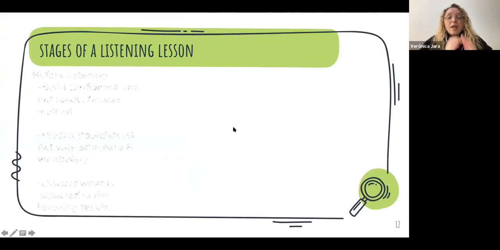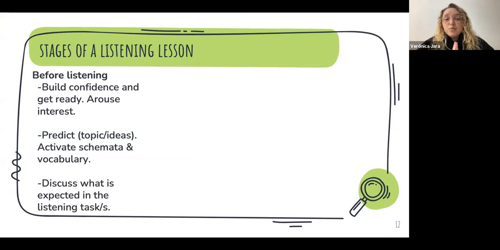Right. So before we move on, I thought it would be important to discuss the stages of a listening lesson, right? You know that we have 3 big stages. This could be within the same lesson, or maybe it's just a part of the lesson.